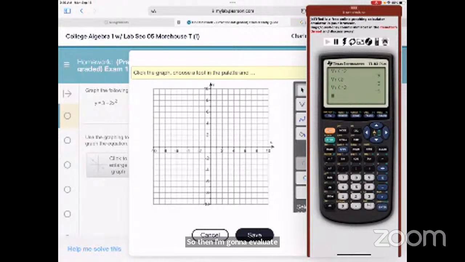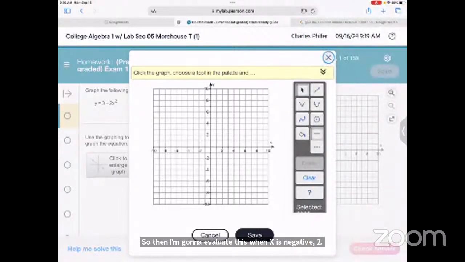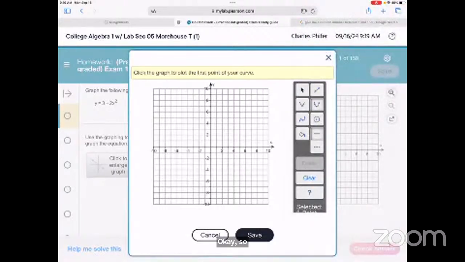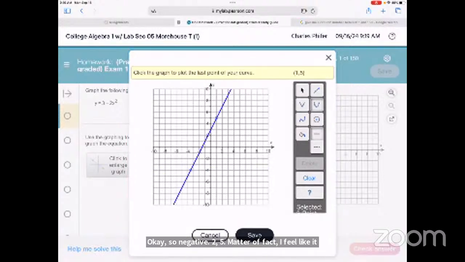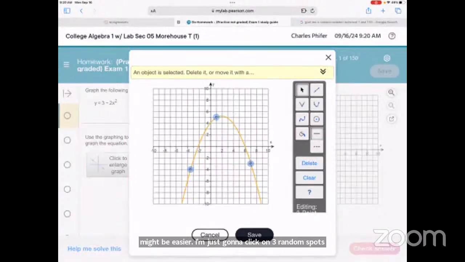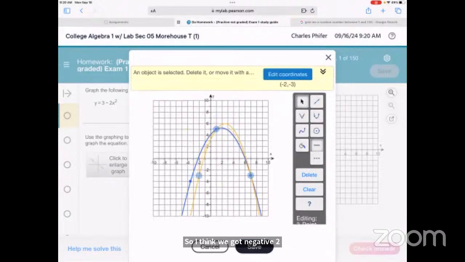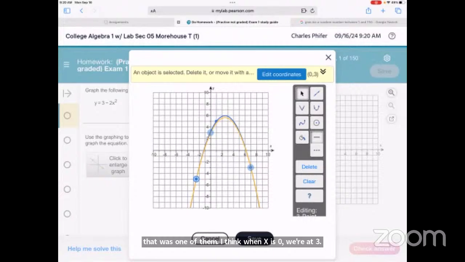Okay, so -2, -5. Matter of fact, I feel like it might be easier. I'm just going to click on 3 random spots and edit them retroactively. So I think we got -2, -5. Okay, that was one of them. I think when x is 0, we're at 3. Maybe I'll do that one last. Nope, there it is. Okay.